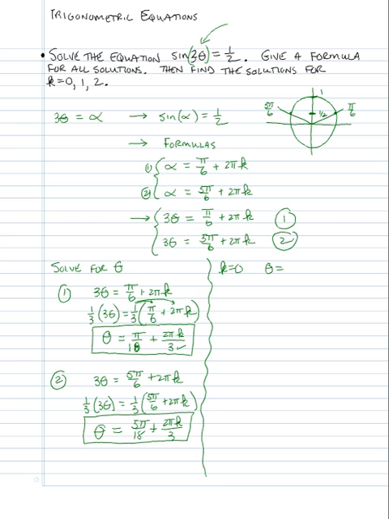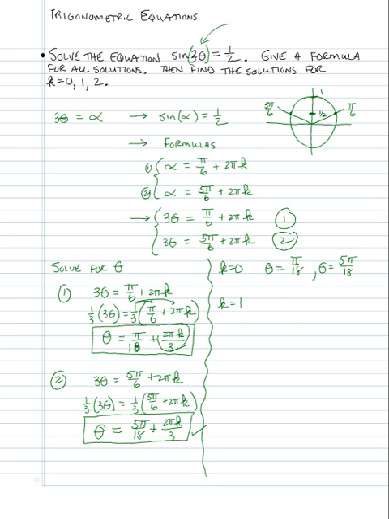So if k is 0, then this fraction becomes 2 pi times 0 over 3, or just 0 over 3, which is 0. So here we get pi over 18 only. And then the other theta value that we would get is when we use this formula and a k value of 0, and in that case we would simply get 5 pi over 18. So there are two solutions, the two solutions we get when k is 0.